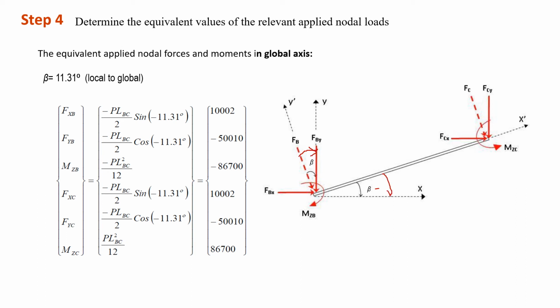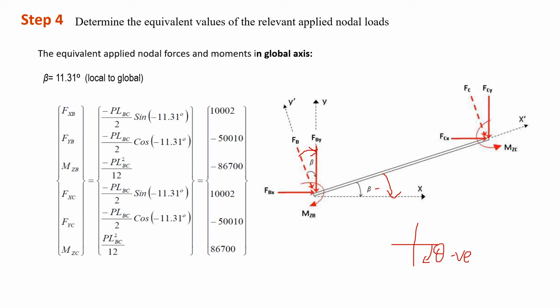Here we can see that it moved from local to global in the clockwise direction. So whenever it moves clockwise, we always consider the angle theta to be negative.